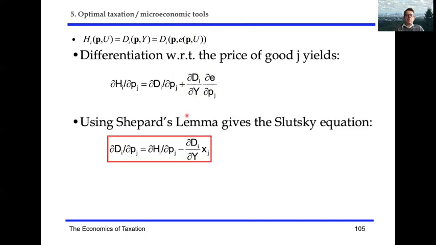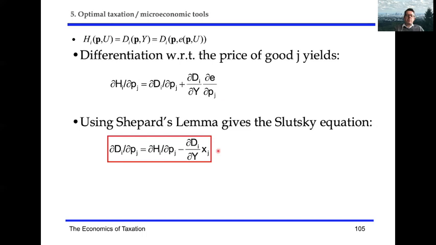In the next step, we just rearrange that, solving on the left-hand side for the partial of the Marshallian demand. And on the right-hand side, we have the price effect on the compensated demand minus an income effect. What we have used here is that we know from Shephard's lemma that this partial can be written as xj.